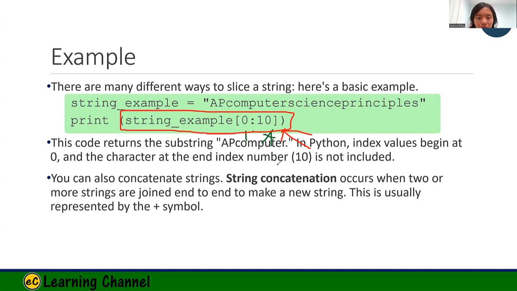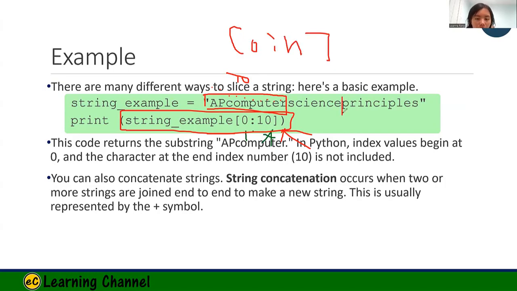No. So it means index 0 to 9, which means the first 10 letters: 0, 1, 2, 3, 4, 5, 6, 7, 8, 9. So [0:n] means the first n letters.